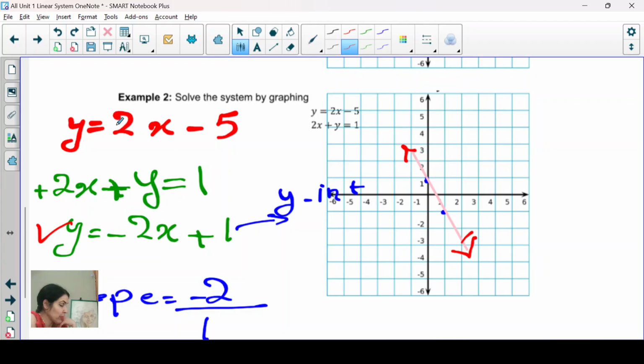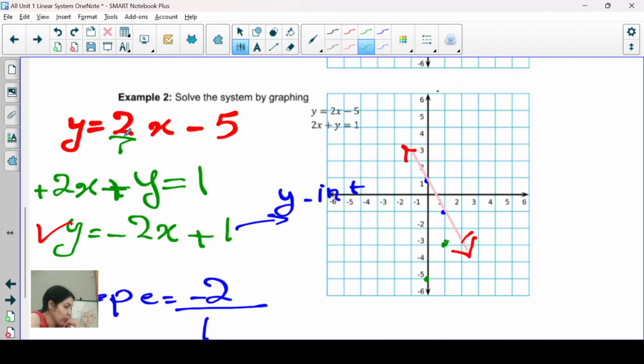The second equation is y equals 2x minus 5. So it starts by showing minus 5 is this point, and, I'm sorry, the slope is 2. It means 2 units up, rise 2, and run is 1 here. The reason is that 2 equals 2 over 1.